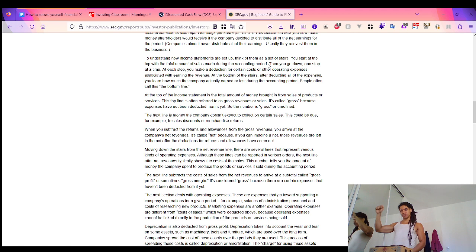At each step you make a deduction for certain costs and other operating expenses associated with earning the revenue. At the bottom of the stairs, after deducting all of the expenses, you can learn how much the company actually earned or lost during the accounting period. People often call this the bottom line.